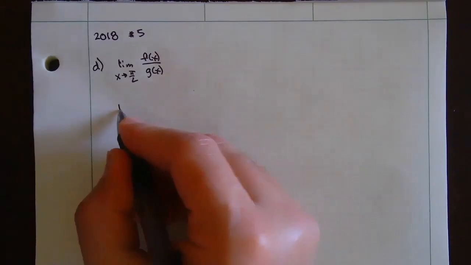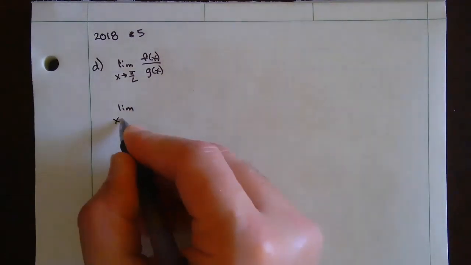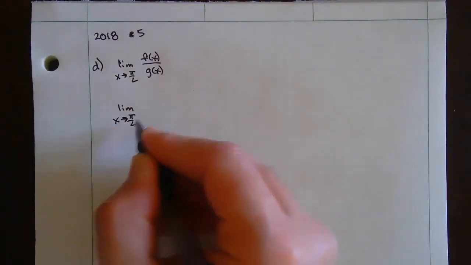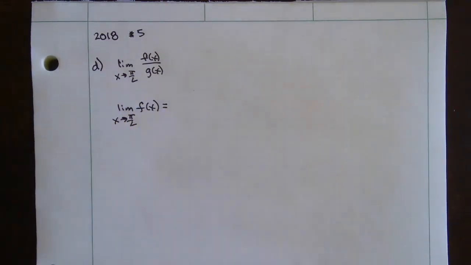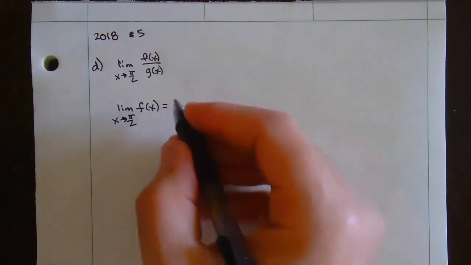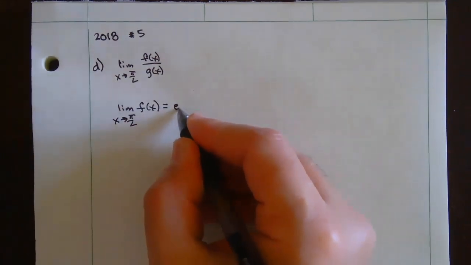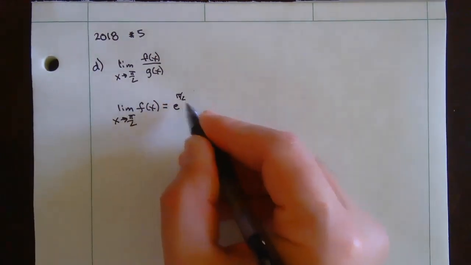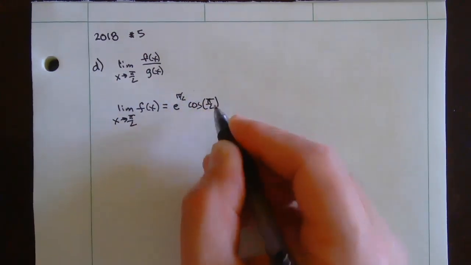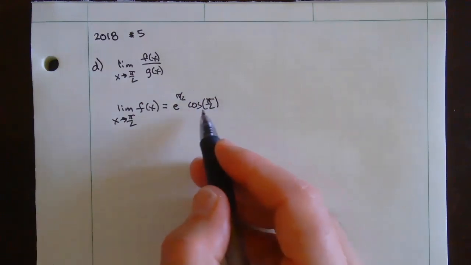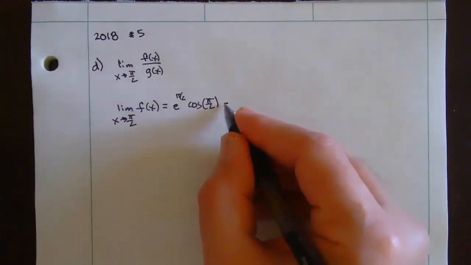If we take the limit as x approaches pi over 2 of f of x, direct substitution would give us e to the pi over 2 cosine of pi over 2. Cosine of pi over 2 is 0, so 0 times e to the pi over 2 is going to give you 0.